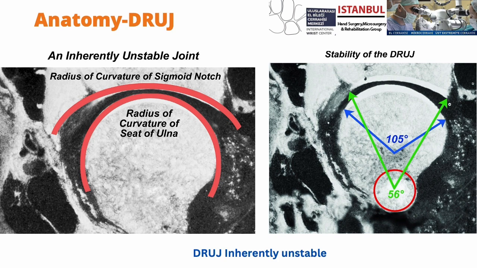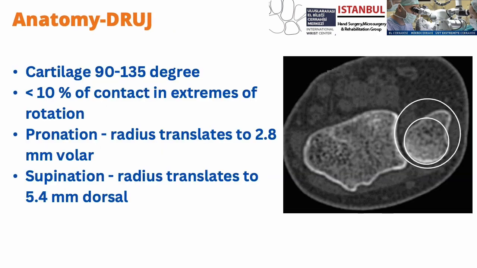As we can see here, the sigmoid notch is more shallow compared to the ulnar head, which is more rounded. As we see from this CT scan, the radius of curvature of the sigmoid notch is shallower as compared to the ulnar head. The cartilage is present in 90 to 135 degrees of the ulnar head.